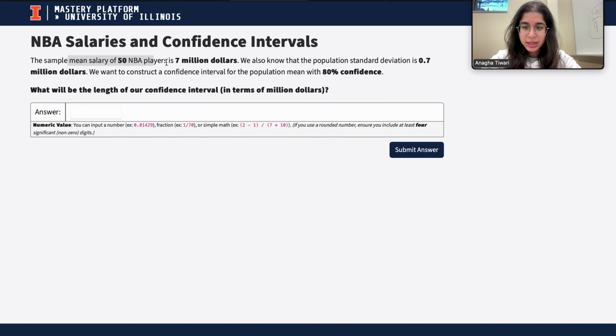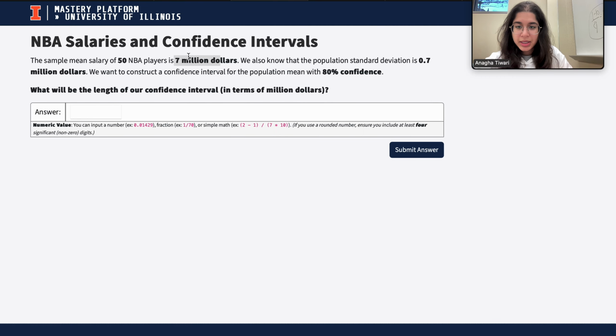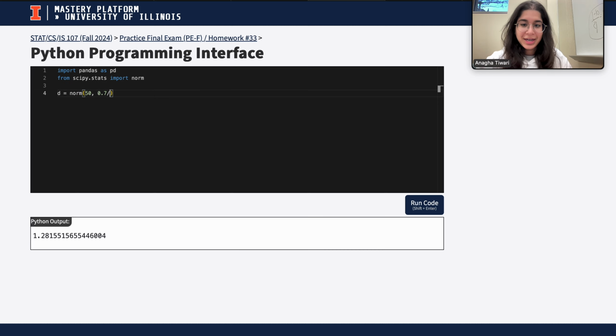The sample mean is actually 7. My bad, I accidentally used n. It's actually $7 million, so $7 million is the sample mean, and 50 is our n. So it's 7, with a scale of 0.7 times 50 to the power of half.